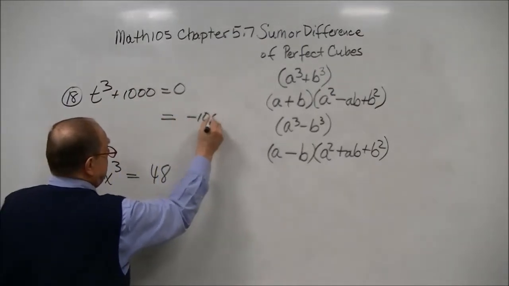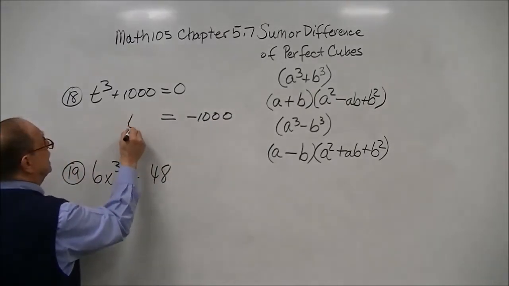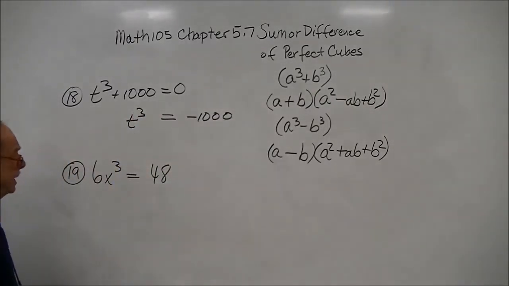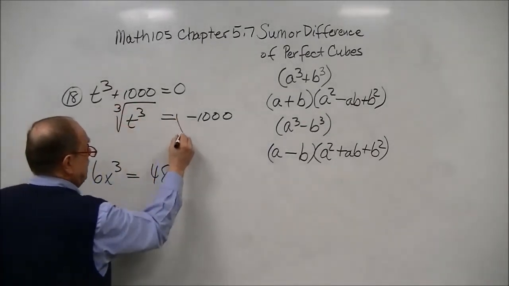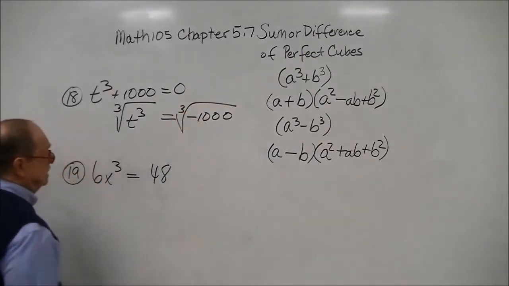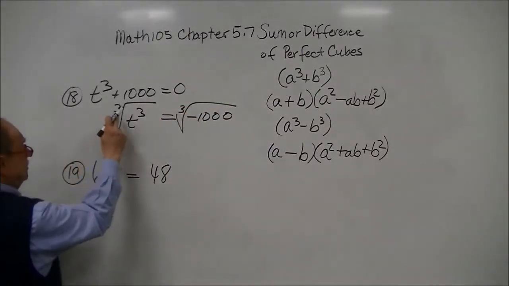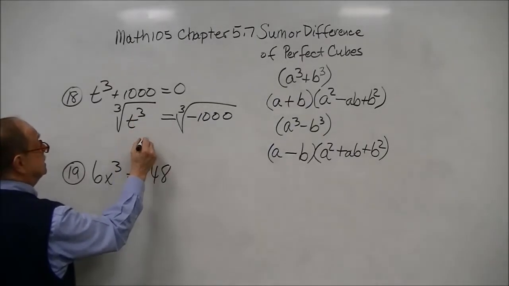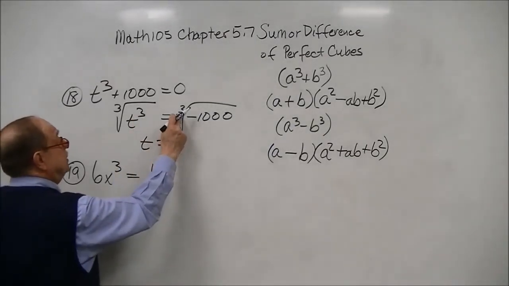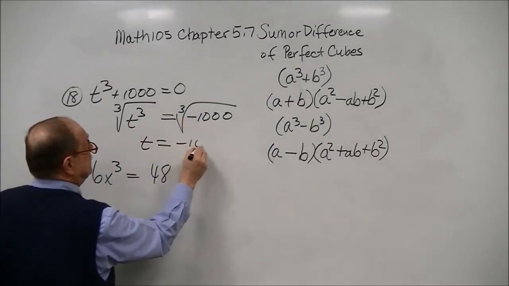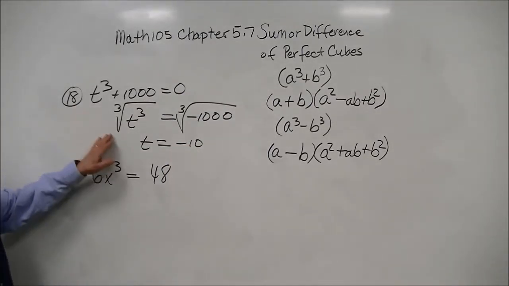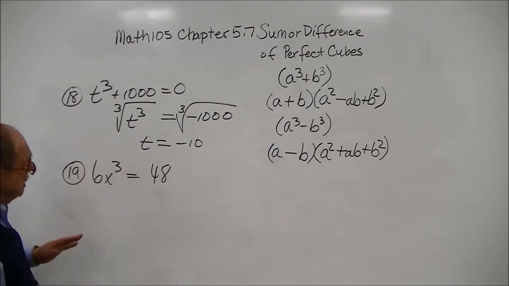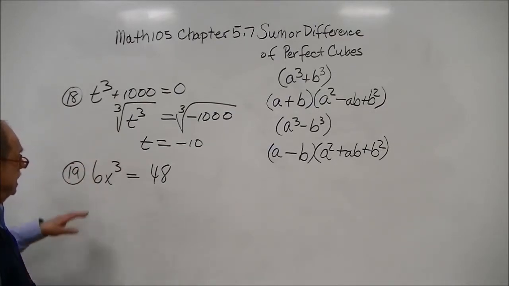It becomes a negative 1,000. And you have t to the third equals a negative 1,000. And then just take the cube root of this side and the cube root of that side. And the cube root of t to the third is t. And the cube root of that is negative 10.